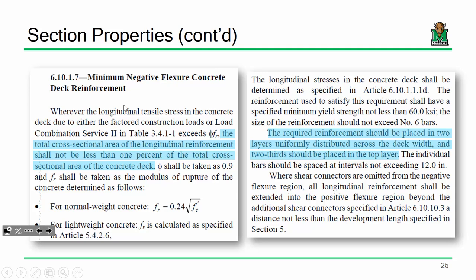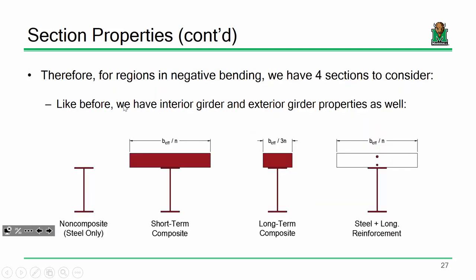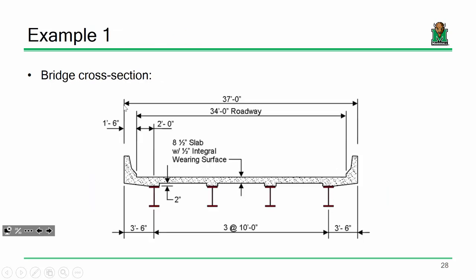All right. Sound good? Okay. So when we're looking at negative bending regions, we have some additional sections to consider. Again, this is just the stuff we want to get out of the way now so that when we start really talking about the loads, really getting into that stuff, we'll be able to speak the same language. All right. Sound good? Any questions?